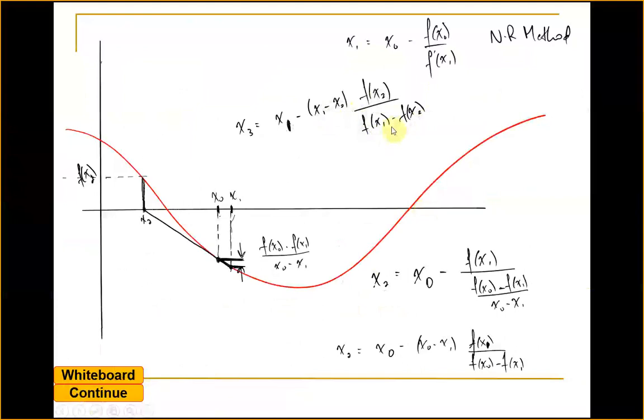Alright. So that's the secant method. Mueller's method says you use the last 3 values to approximate the function, and what we do is you assume it to be a quadratic.